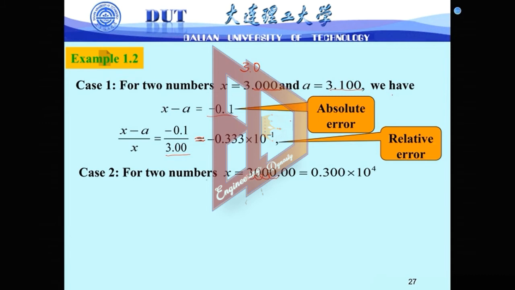Okay, so the decimal place is here, right? And a is 3100. So we also use this form by 1, 2, 3, 4. It's okay? So here 0.310 multiply 10 to 4.